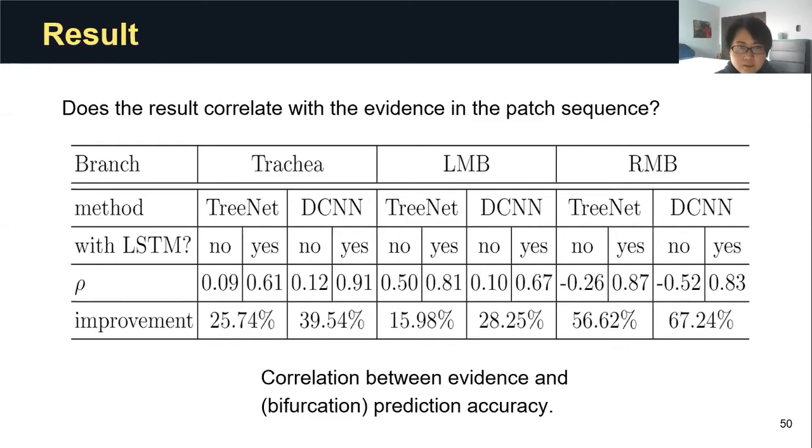We did a correlation study between the evidence and the bifurcation prediction accuracy at the end of the sequence. And we can see that for TreeNet and for DCN, for all the 3 levels of the branches, the correlation is high. That means that using all the memories inside the patch sequence should actually help with the prediction.